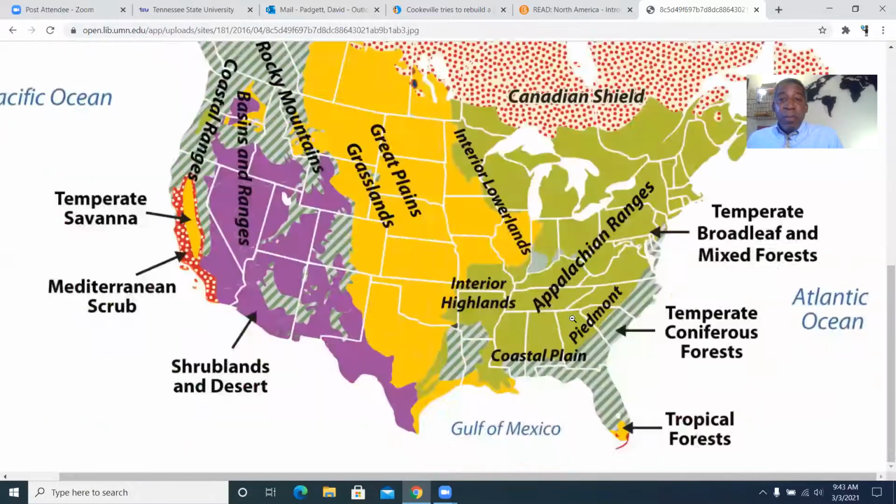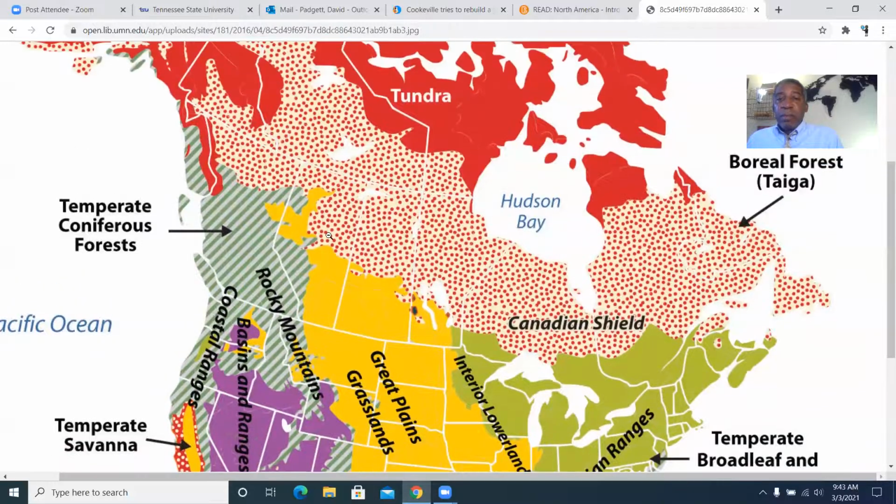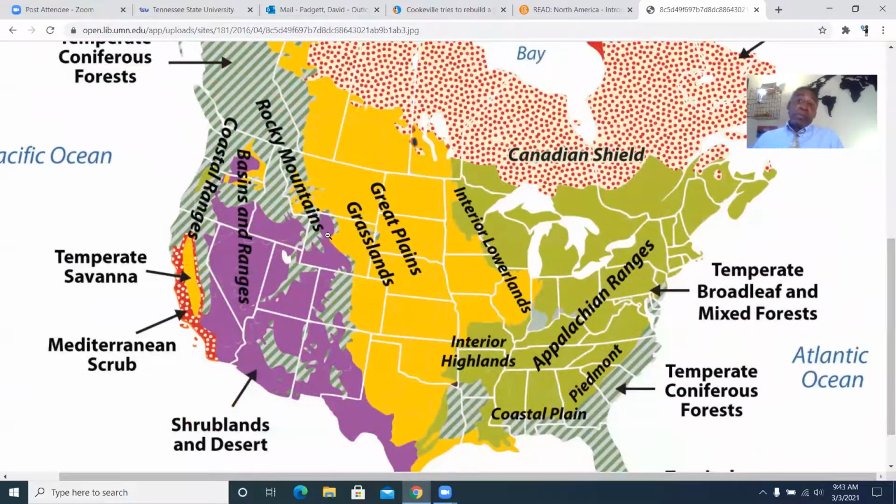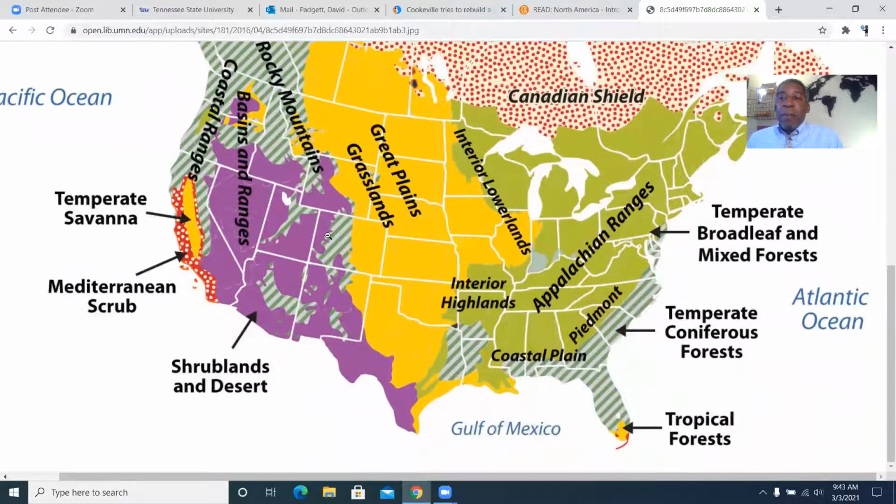In looking at this map, what I would probably ask you to do is to align different regions on this map with various parts of the country. So I might ask, what climate region is most closely associated with the southeastern coastal plain?